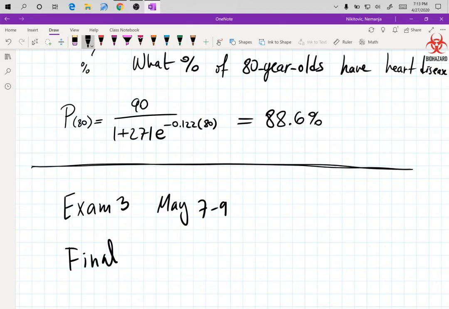When is the semester officially ending? I don't know. I think they said 12th. So 11, 12 to be the final? And we can have a review on 11.